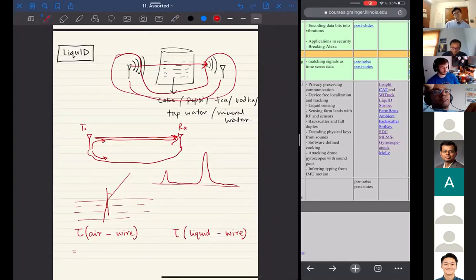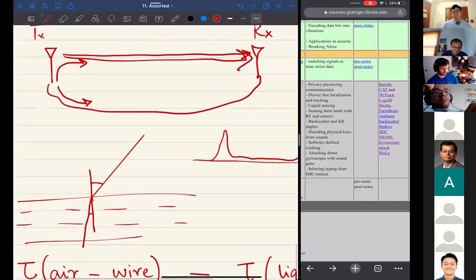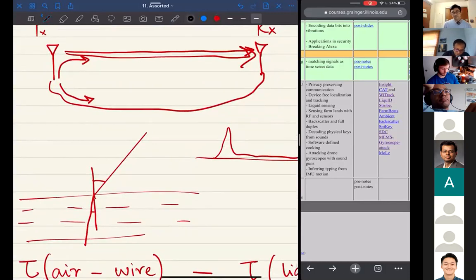Now you can do this minus this, right? Which will give you tau of air minus liquid. Tau of air minus liquid is exactly how refractive indexes are defined, right? This notion of oh, this is theta and this is alpha.